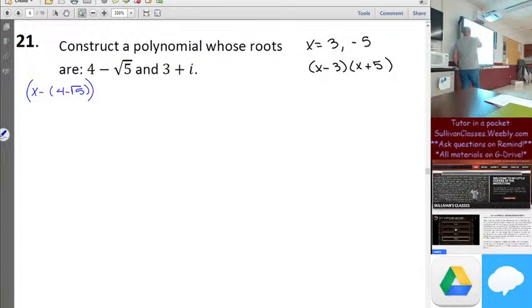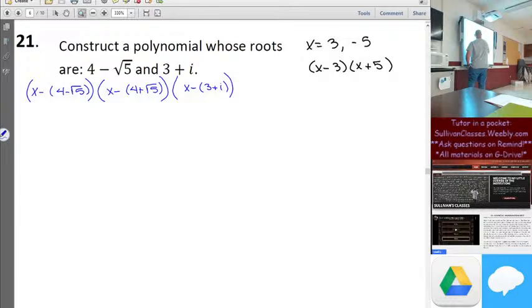Plus x minus 4 plus root of 5. If 3 plus i is a 0, x minus that is a linear factor. If 3 plus i is a 0, 3 minus i is likewise a 0.